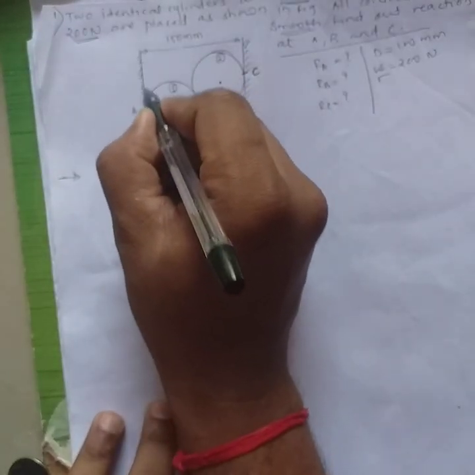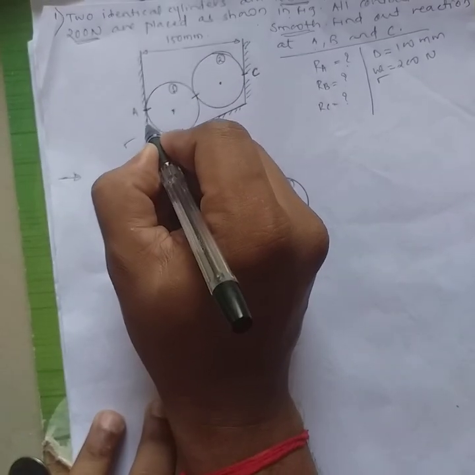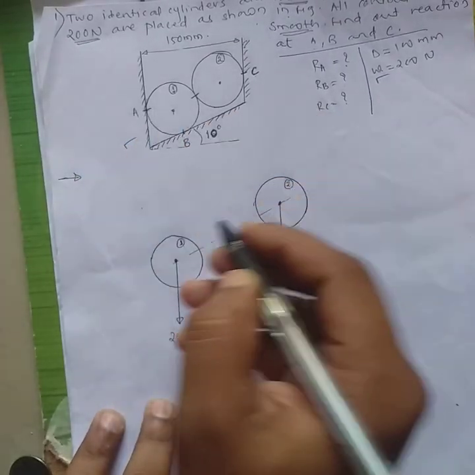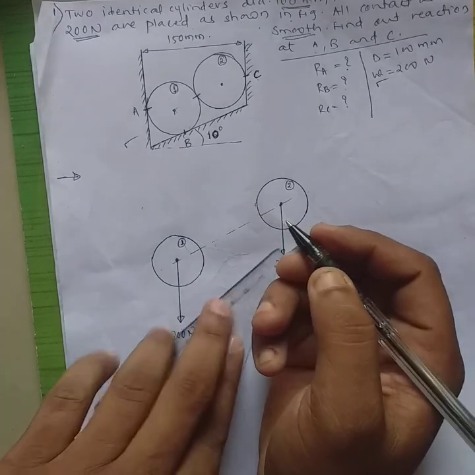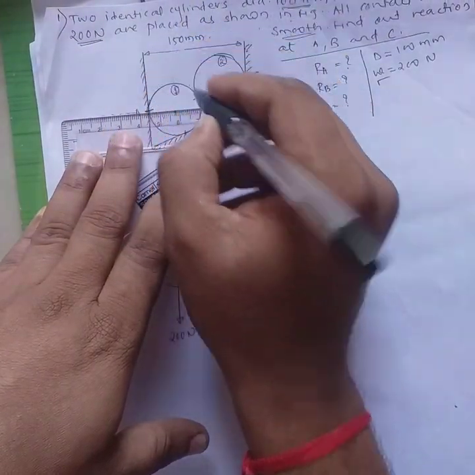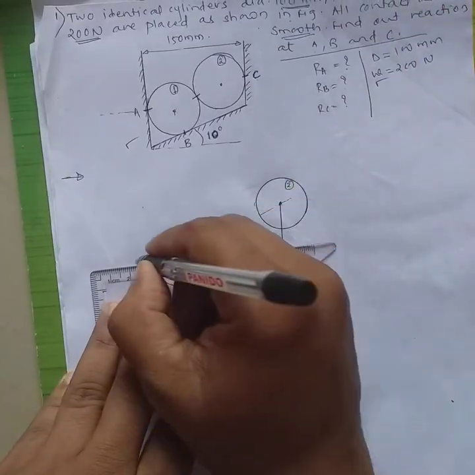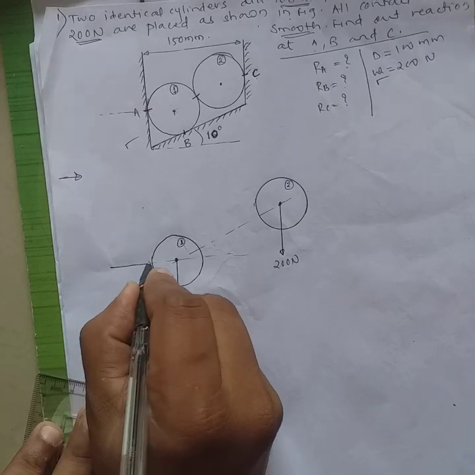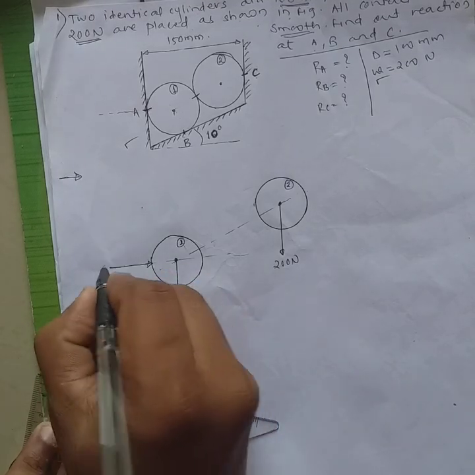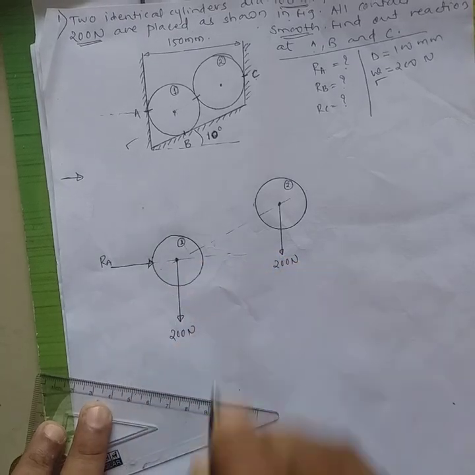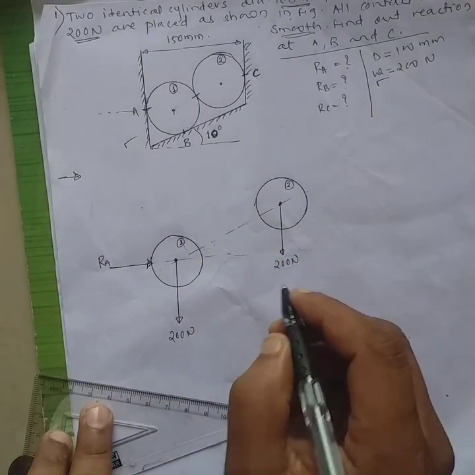If this is the vertical surface, there will always be a perpendicular reaction from point A, perpendicular to this surface. So this will be RA.